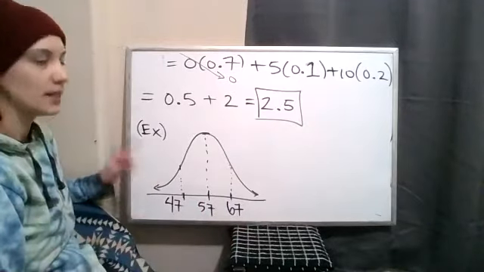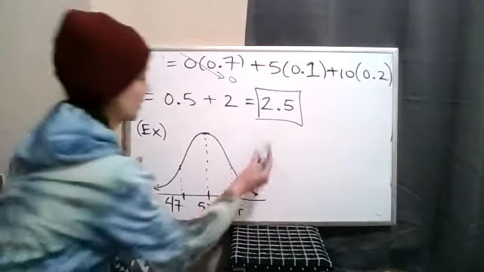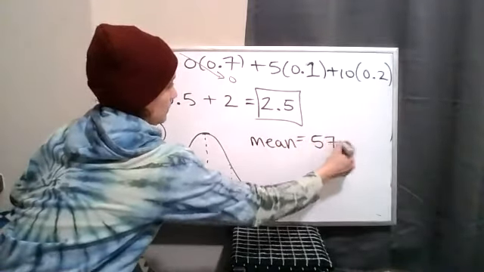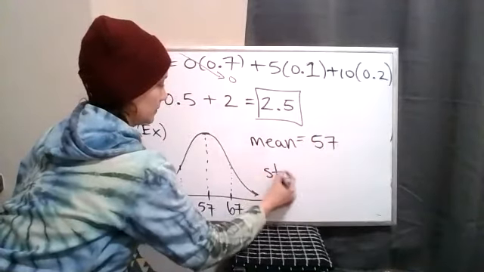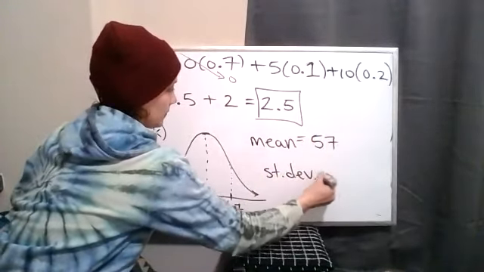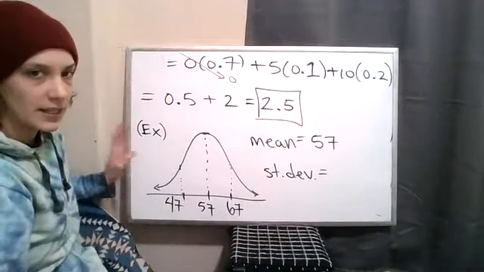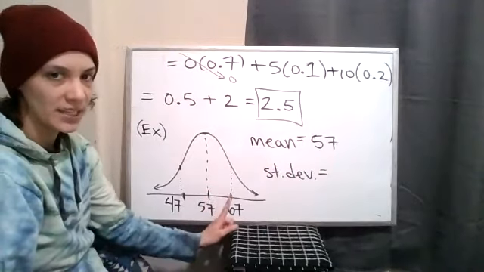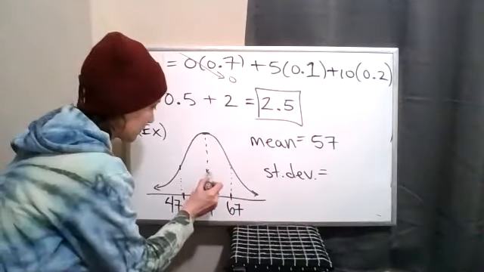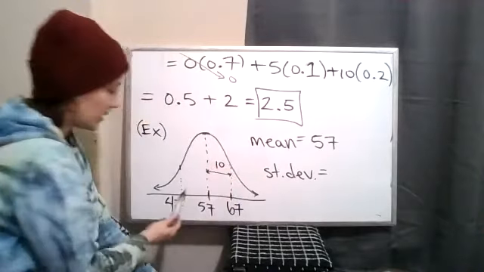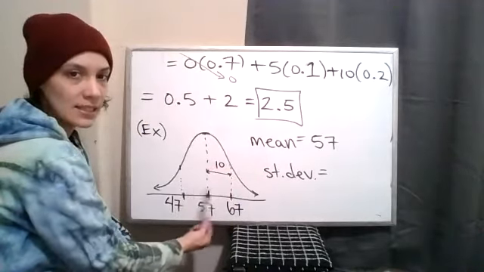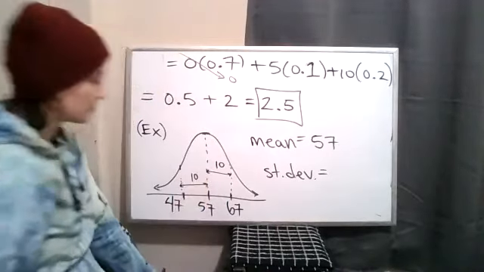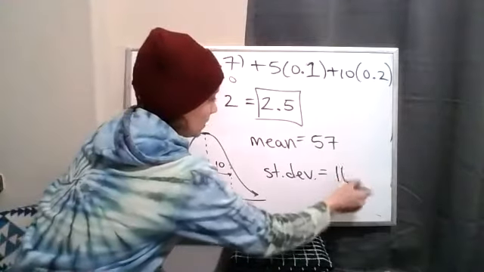The mean would be 57. The standard deviation is the distance between the mean and that inflection point, which is 10. Or from here to here, from 47 to 57 is a distance of 10. That's your standard deviation.